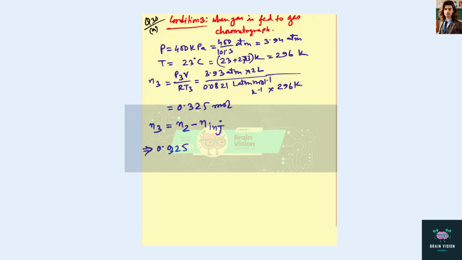So 0.325 mole is equal to N2, and we know N2 is the number of moles of air, number of moles of benzene, and number of moles of helium.